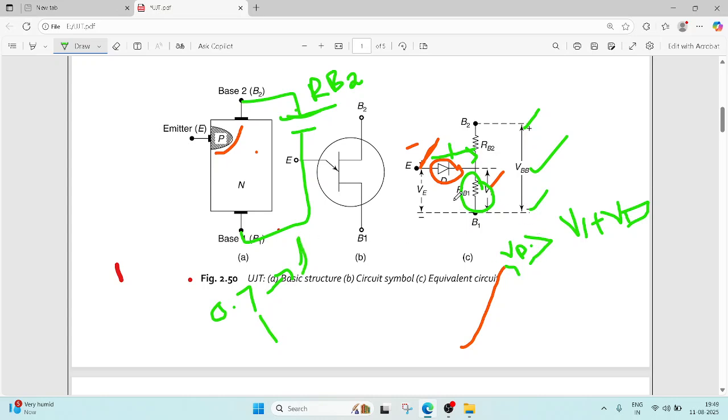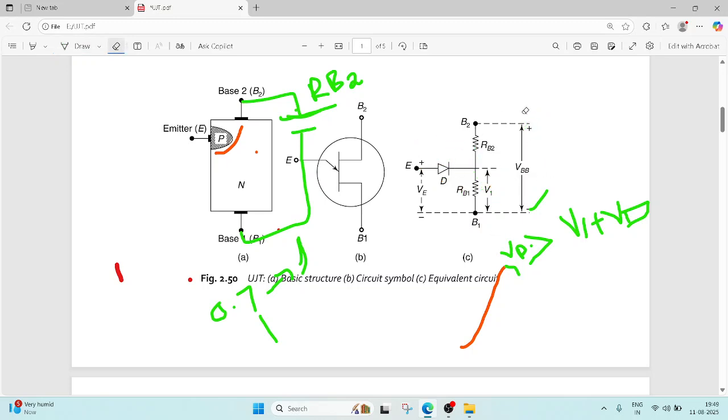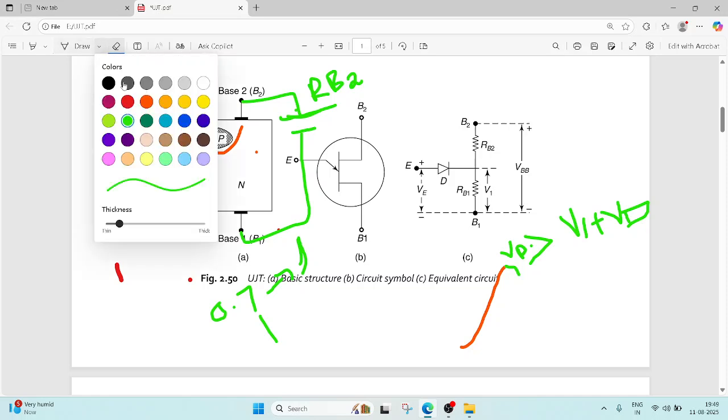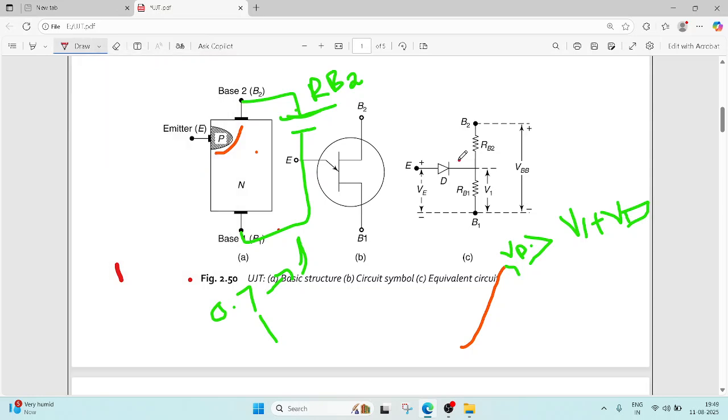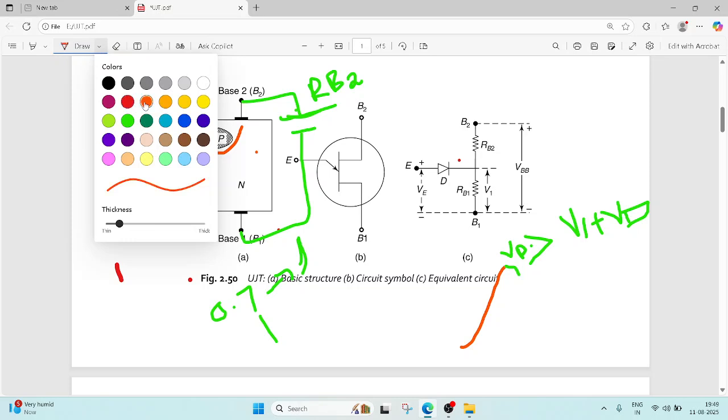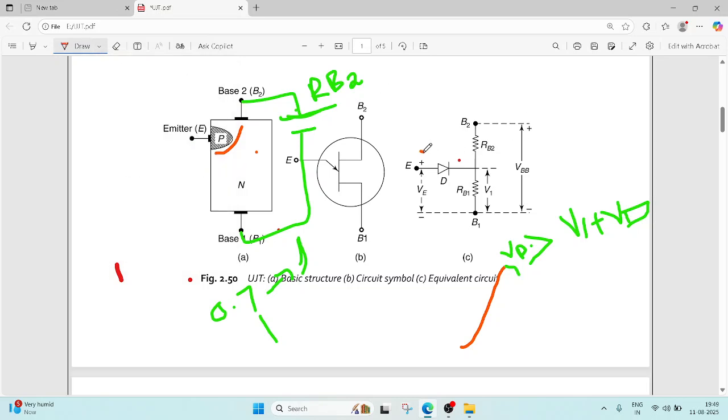Here also it is the same way. See here, when this input voltage V is low, the diode is reverse biased. Once the input voltage increases to Vp, what happens? The diode becomes forward biased.